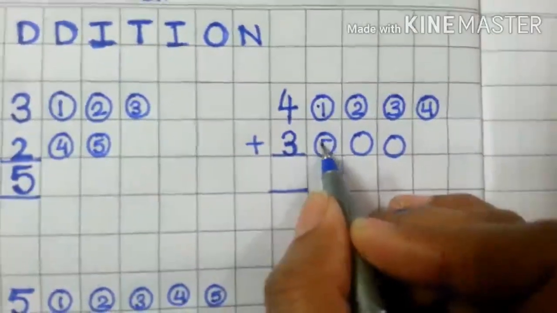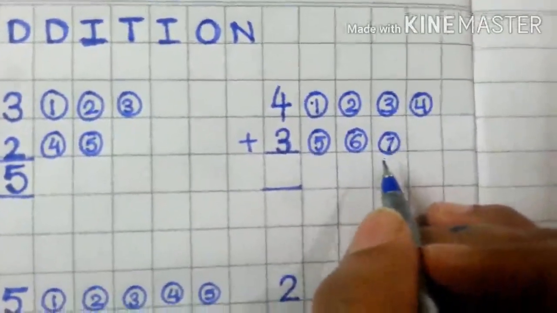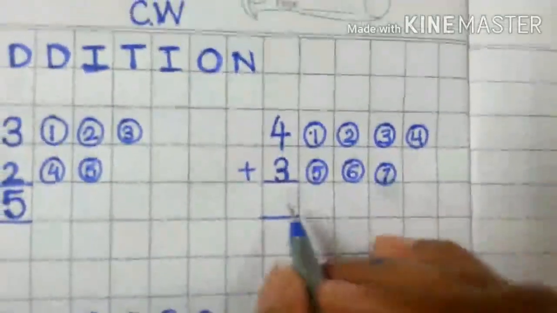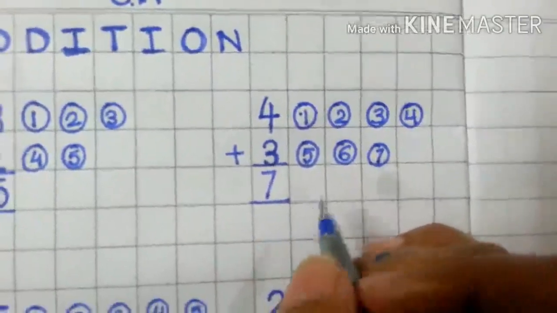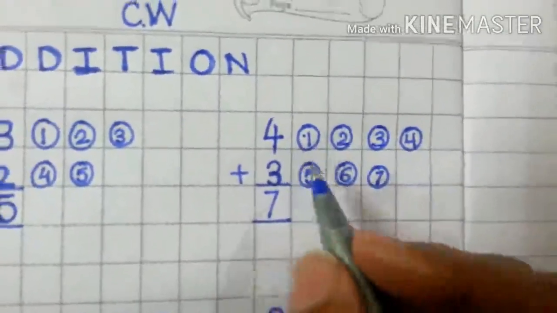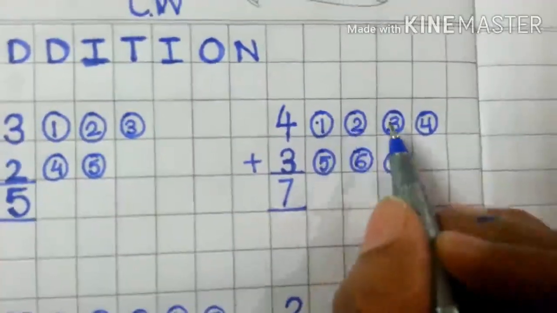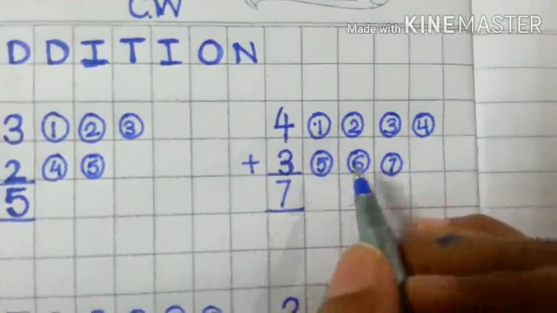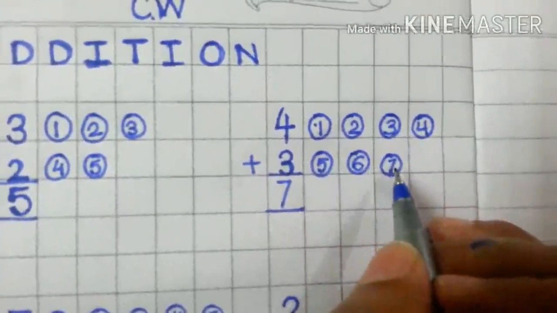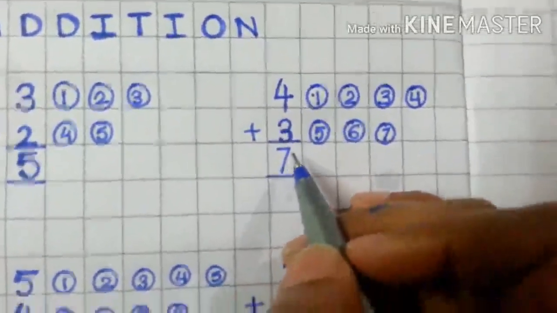After 4, 5, 6, 7. So we have 7 marbles all together. Let's check one more time. 1, 2, 3, 4, 5, 6, 7. 4 plus 3 are 7.